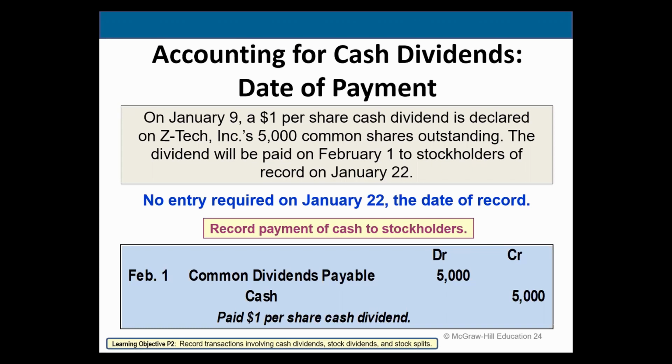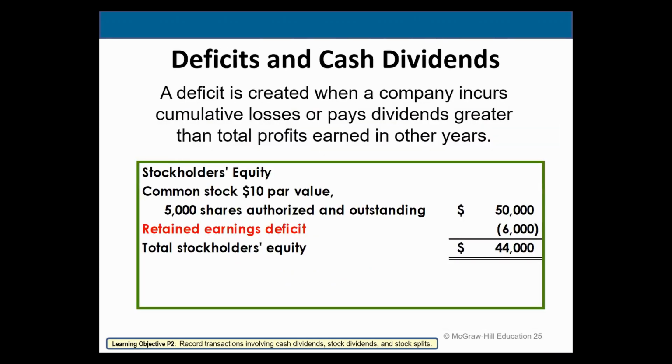Now, the February 1st date of payment requires an entry to record both the settlement of the liability and the reduction of the cash balance. So we would debit common dividends payable 5,000, which makes that liability zero, and then we would credit cash 5,000 to show the reduction in cash, because of the outflow of cash.